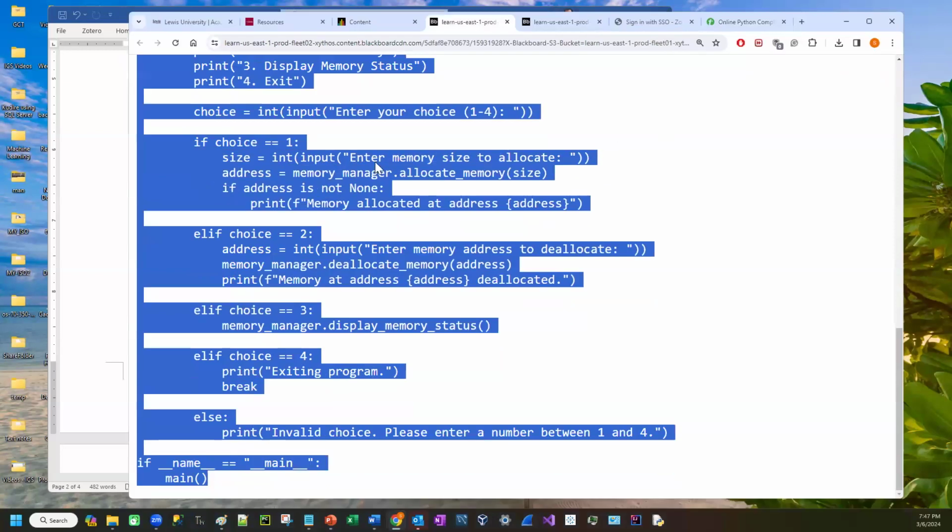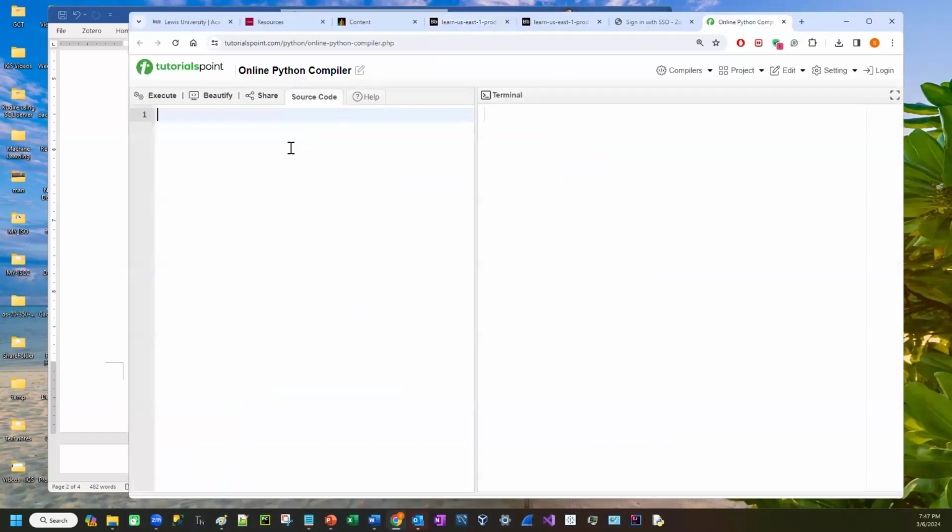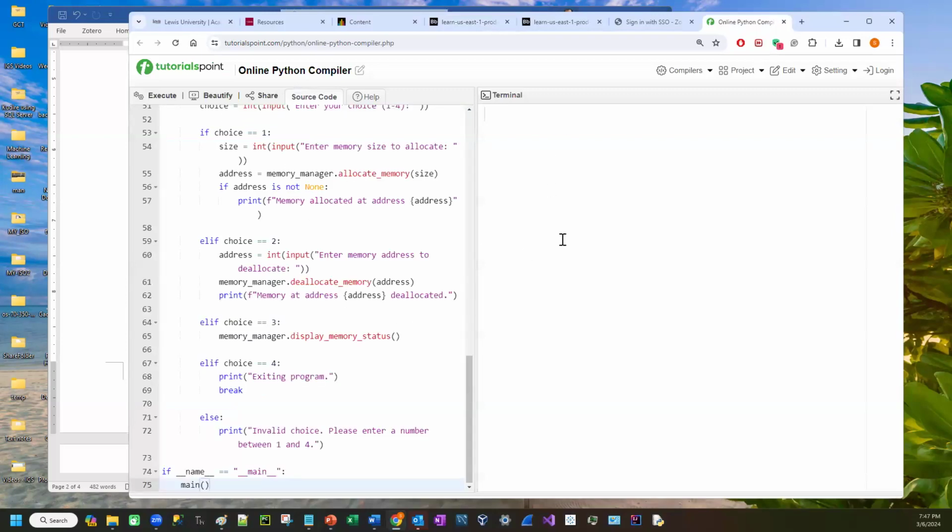Yep. Then just run it, maybe. So if I say no, and here, yeah, there you go. So I don't know, maybe I didn't paste it right.